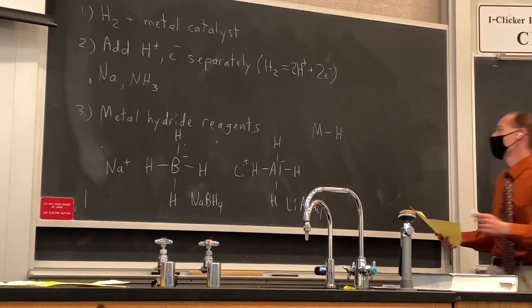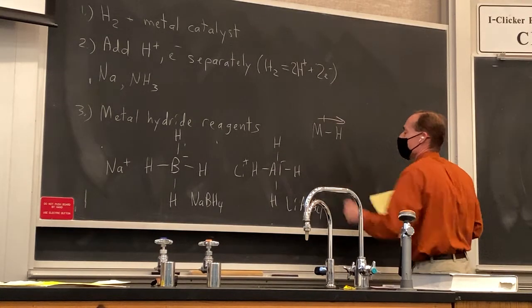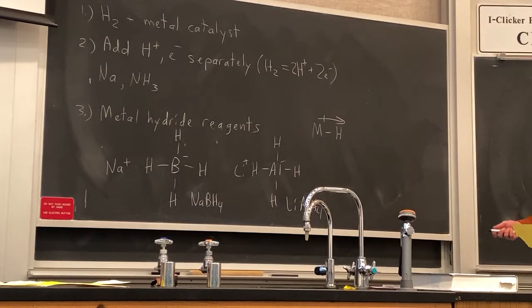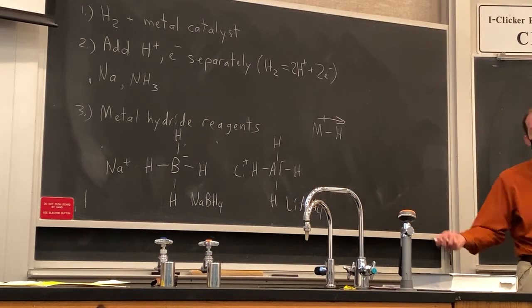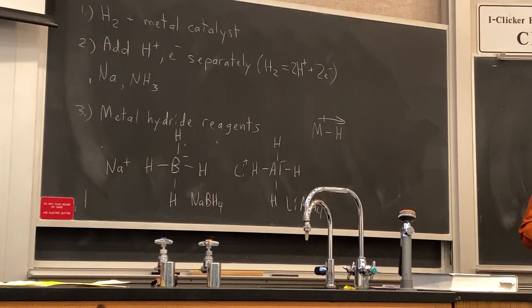It's polarized towards the hydrogen. So we have 4 bonds in each of these cases polarized towards hydrogen. So where does the negative charge in those anions reside? It resides on the hydrogens. It does not reside on the boron or the aluminum, even though that's where we draw it. So it's important to know that the negative charge is spread out over those hydrogen atoms.